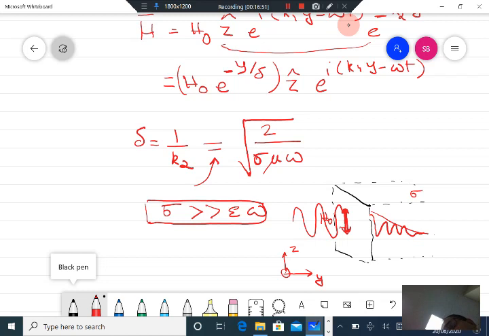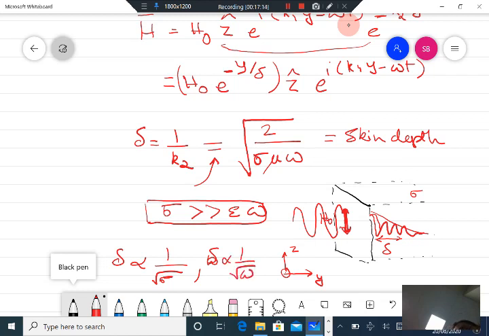The distance up to which it gets damped is the skin depth of the material, delta. It is inversely proportional to the conductivity, and delta also is inversely proportional to the frequency of the wave.